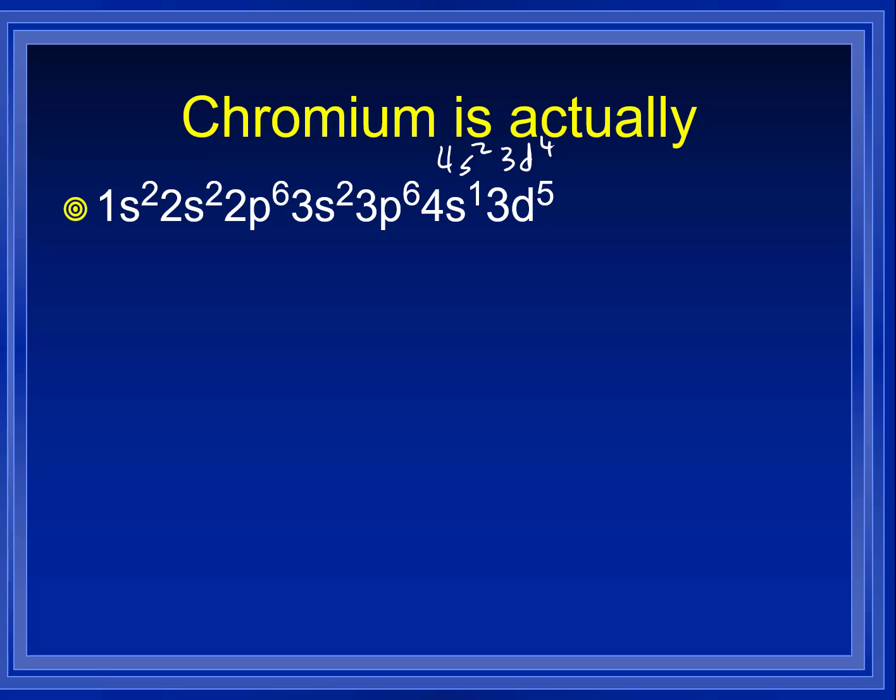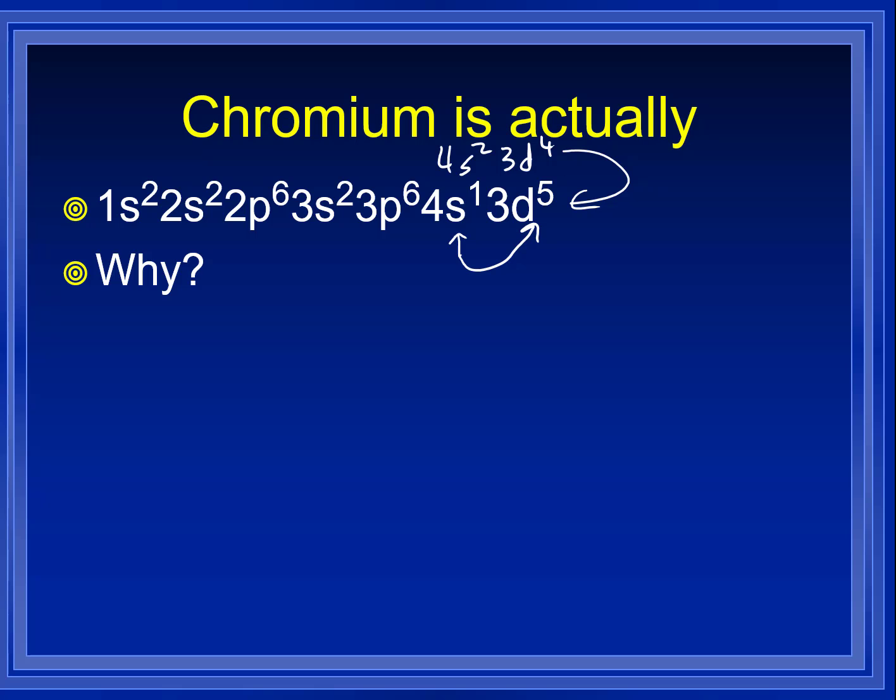So what happens to the electrons in order to make it switch from here to here? I took an electron off of the 4s and moved it onto the D. So instead of 4s2, 3d4, it's 4s1, 3d5.